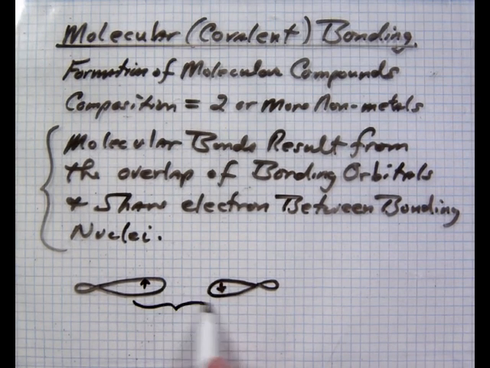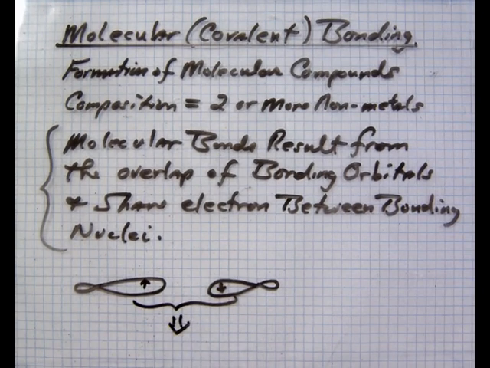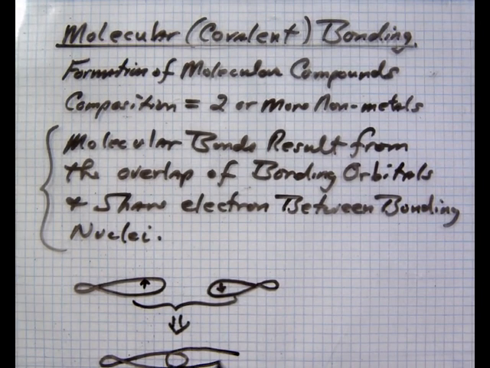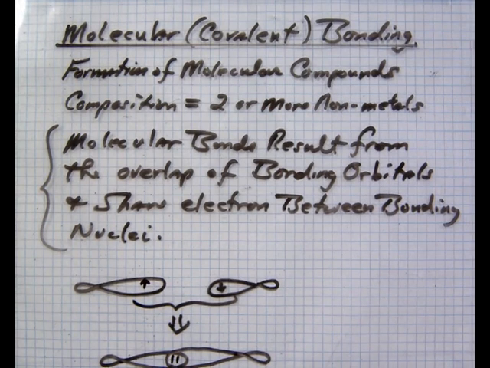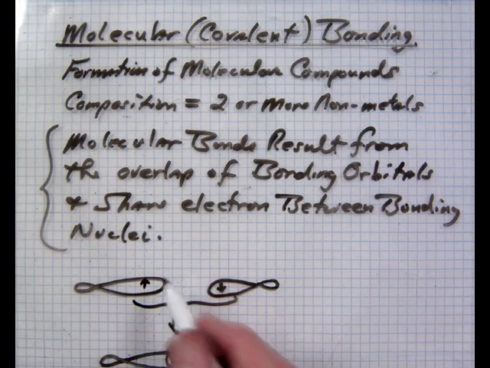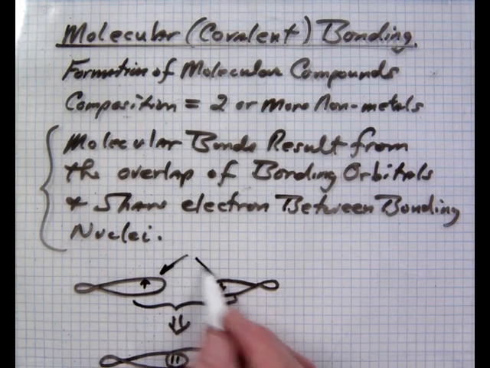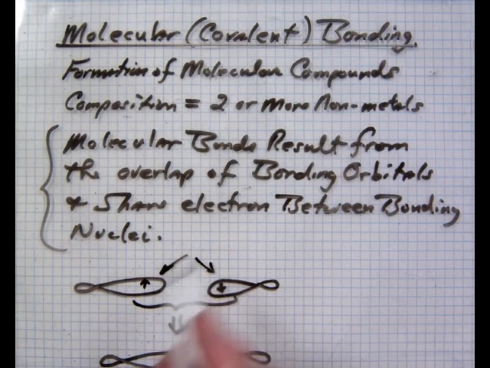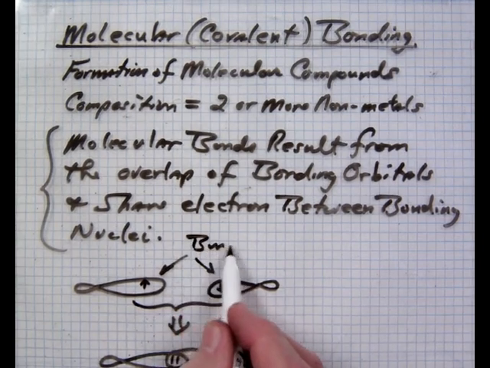So what happens is these come together and overlap such that the electron pairing becomes diamagnetic. These are referred to, and we'll get to the names of them, as bonding orbitals.